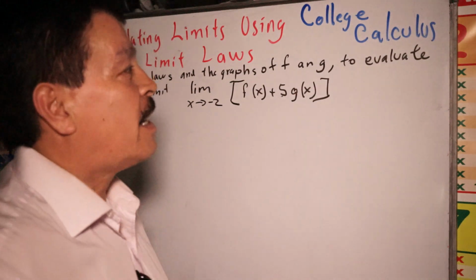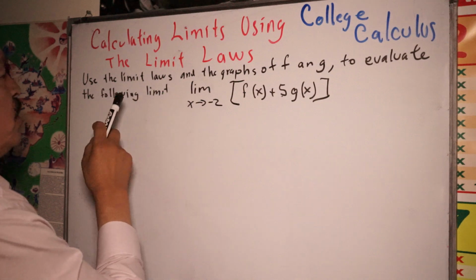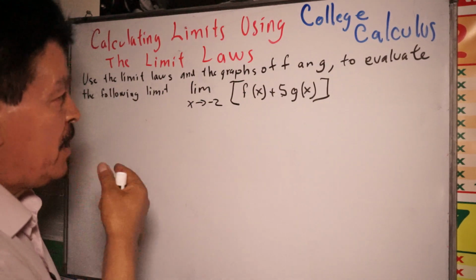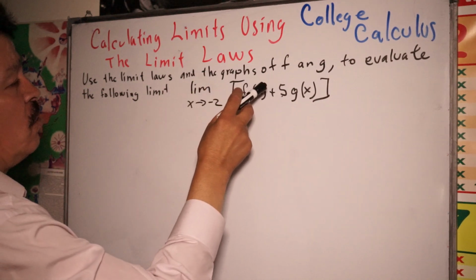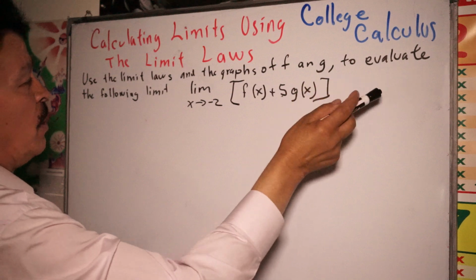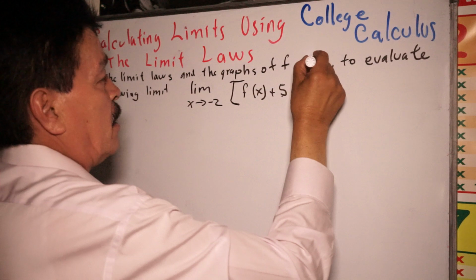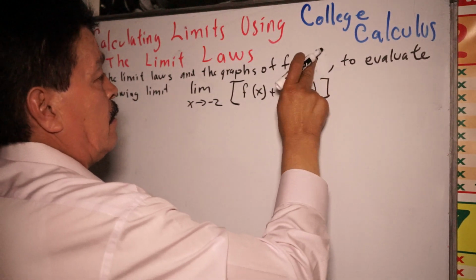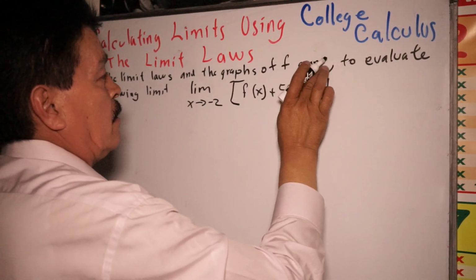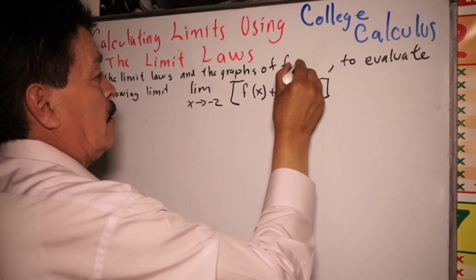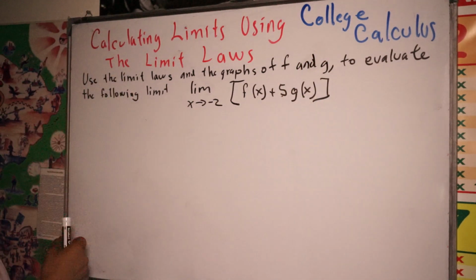Welcome to our college calculus. Our topic for today is calculating limits using the limit laws. We have one problem here: use the limit laws and the graphs of f and g to evaluate the following limit.